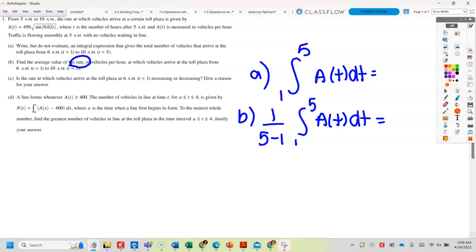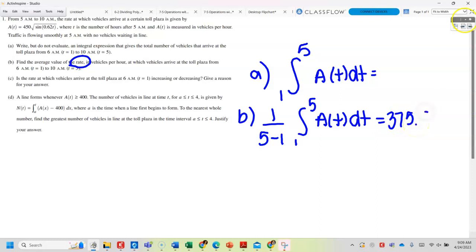So if you just found the integral, you got 1,502.1476. But you have to divide that integral by 4. And you got 375.5369.